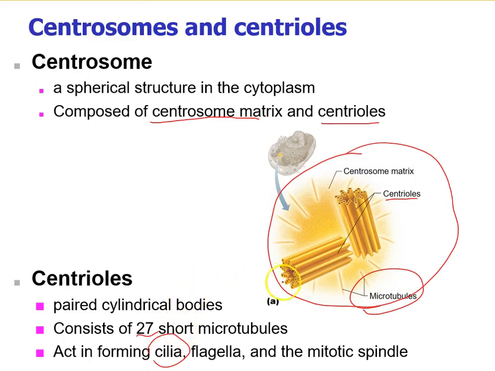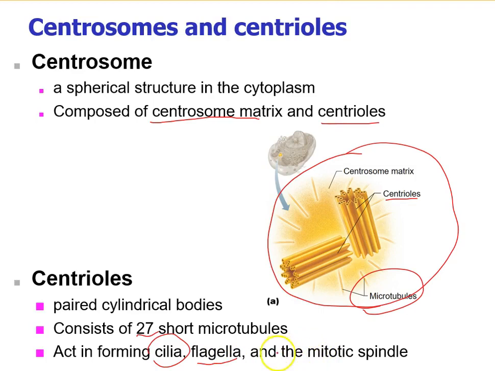Also, they are involved in forming flagella, which is like a sperm tail, used for movement of the whole cell, like a sperm cell. The only cell in the human body that has flagella is the sperm cell in the male body.